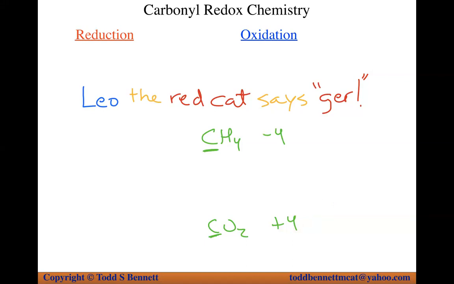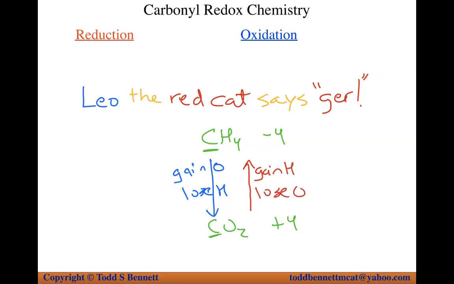And in each case, timeout, I want to keep that blue for oxidation: we gain O, we lose H, oxidation. For reduction, we gain H, lose O. Those become very simple to view and powerful definitions for what we're going to do in organic chemistry.